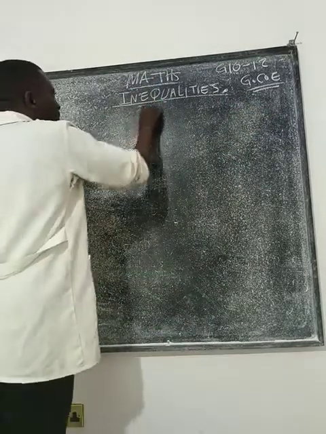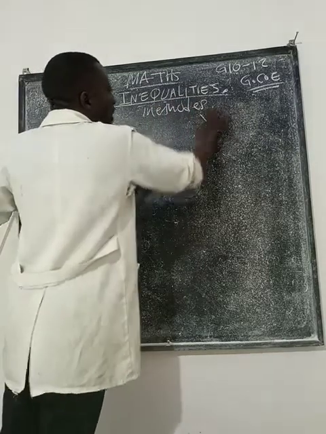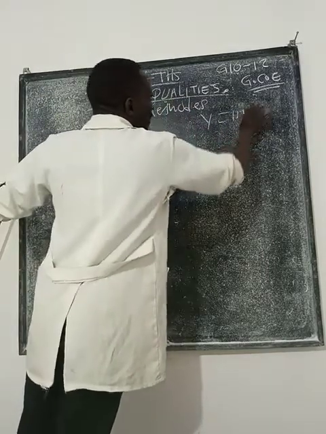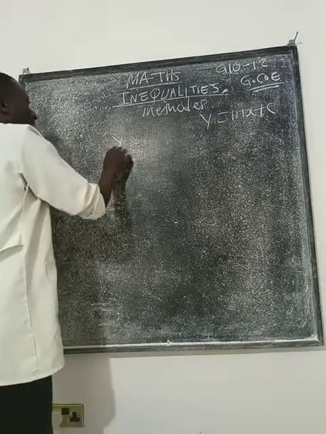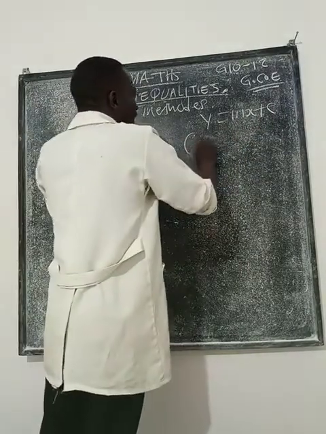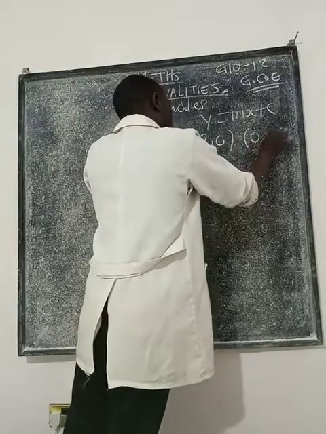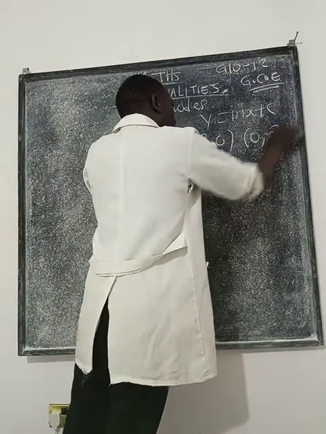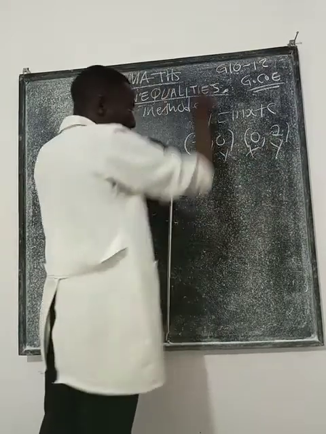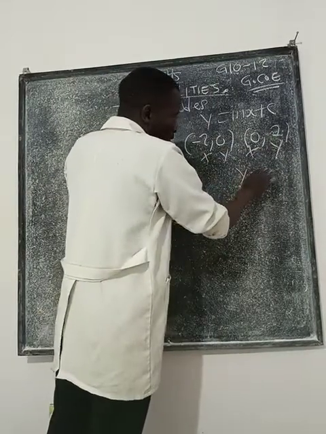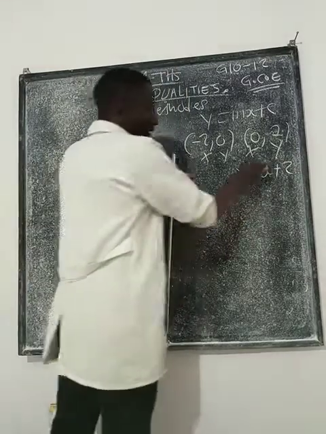Method 2. Method 2, apart from y is equals to mx plus c. Okay? Remember your coordinates were negative 2, 0 and 0, 2. Remember our answer was y is equals to x plus 2 with less or equal to.